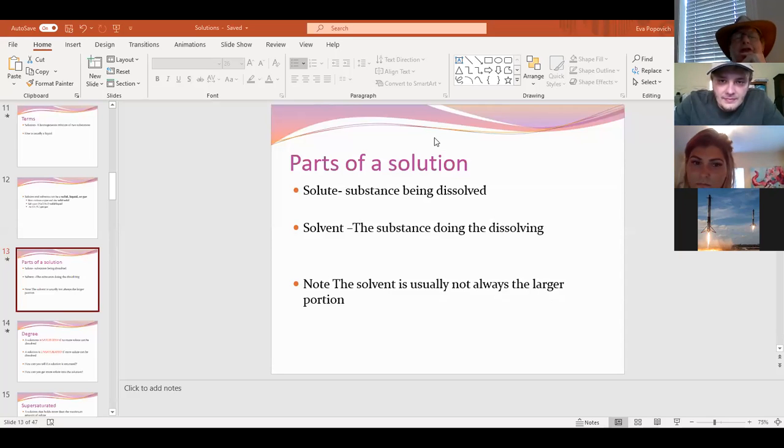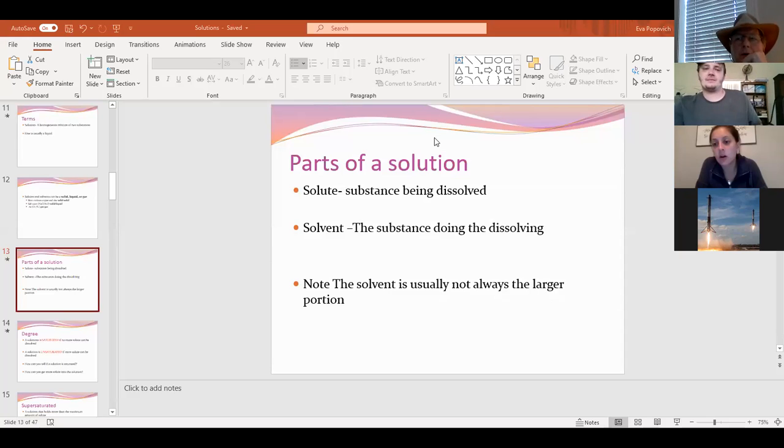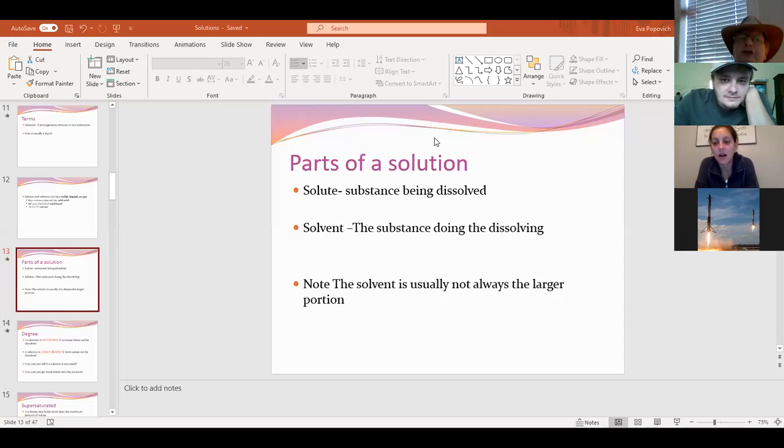No, let's go simpler than that, guys. Isn't it just the salt? Just the salt. The solute is what's being dissolved. You put salt in the water, doesn't the salt get dissolved? So if the salt is being dissolved, what is the solvent? The water.